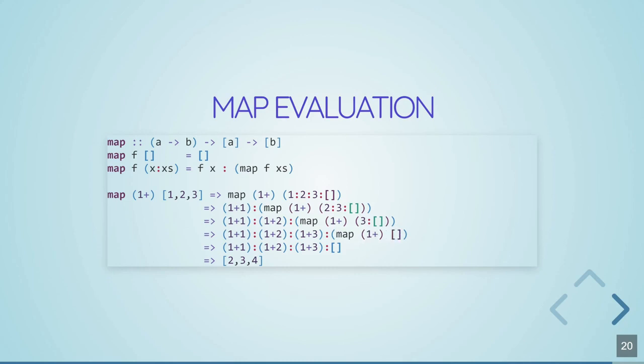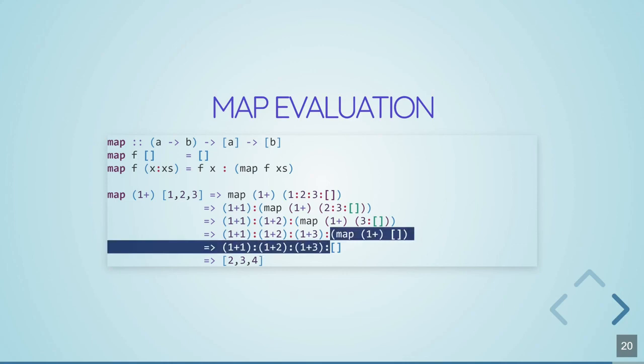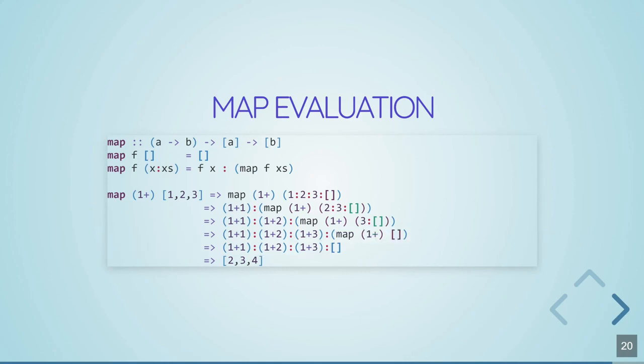Then it pattern matches to this case here, and it gets turned into the empty list. Now you can go back and it'll evaluate all of these additions, and you have the list of 2:3:4:[], which you know is the true form of the list 2, 3, 4.